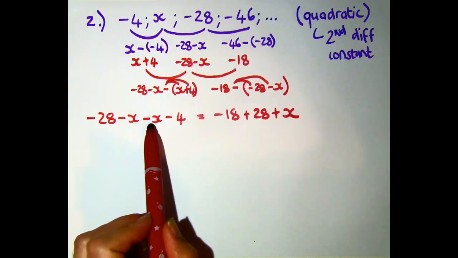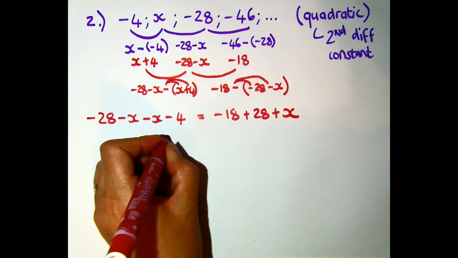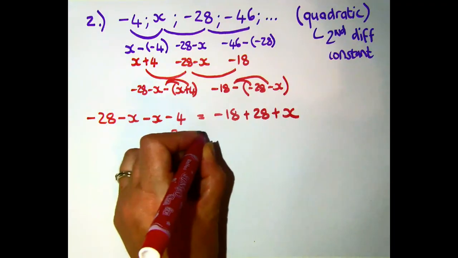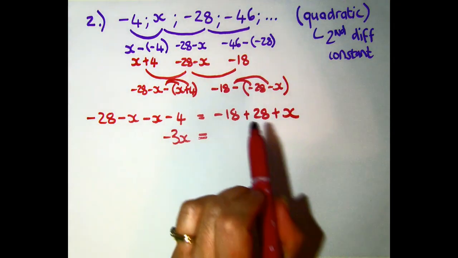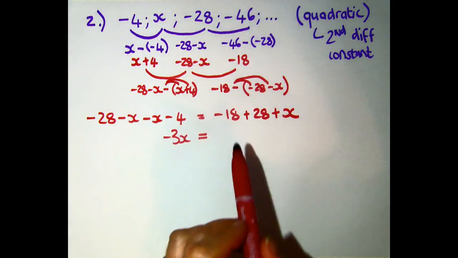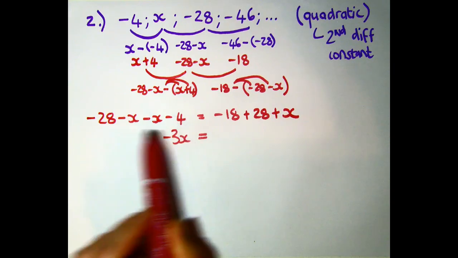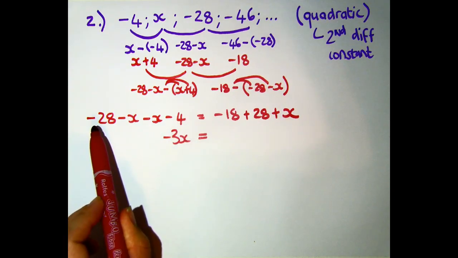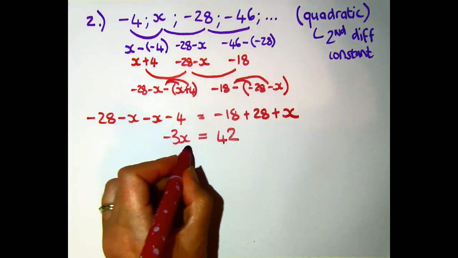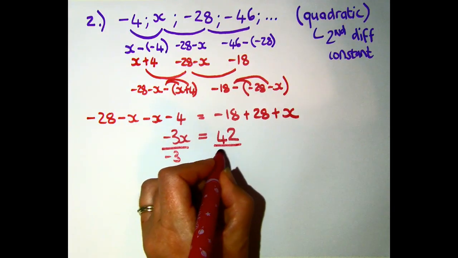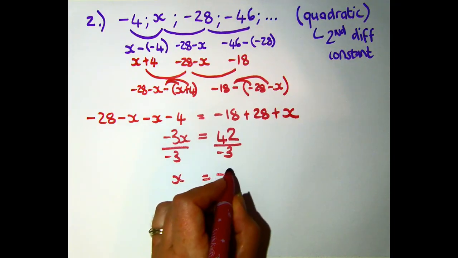I've got negative 1, and then that's going to be a negative when it moves as well. So on the left-hand side, I've got negative 3x. And on the right-hand side, I've got all of these numbers. Negative 18 plus 28 plus 4 plus 28. When I do that, I get 42. And then I'm just going to divide by negative 3 on both sides. And I'm going to have x equals negative 14.